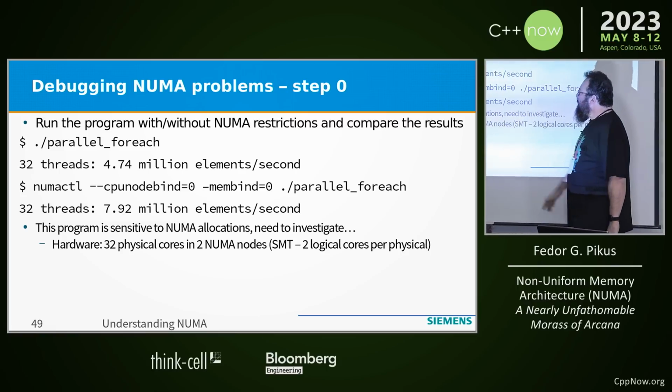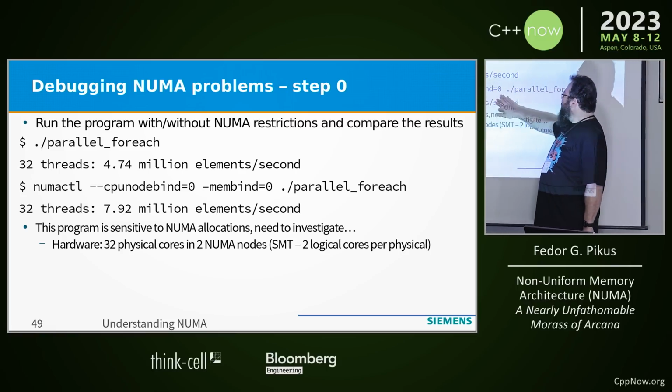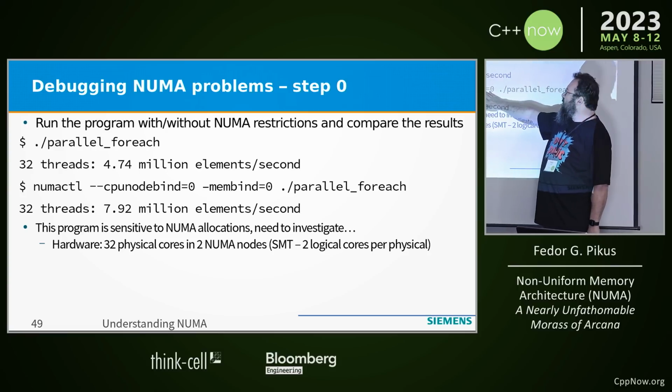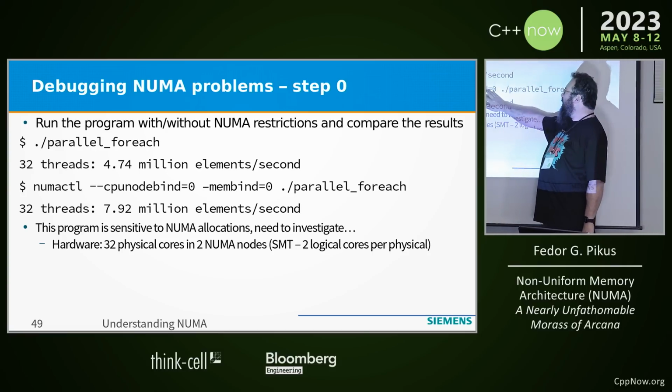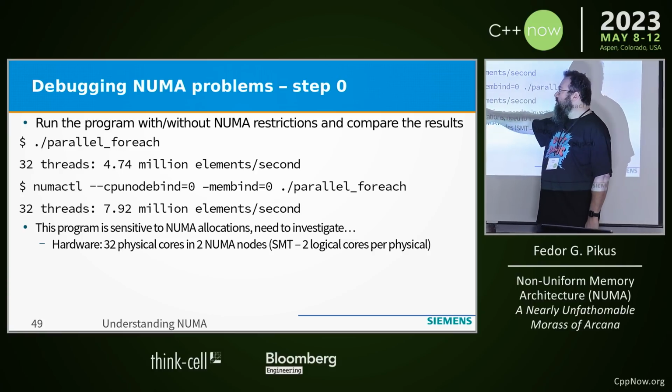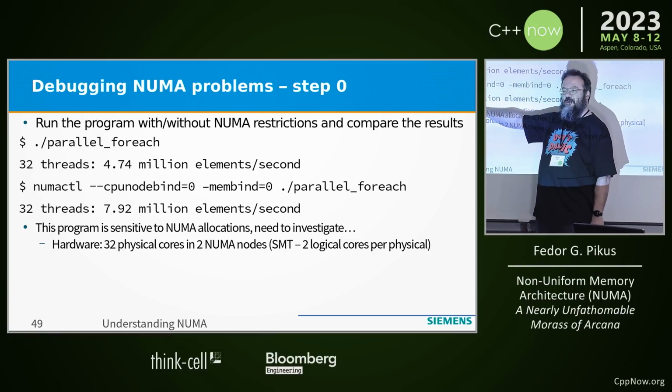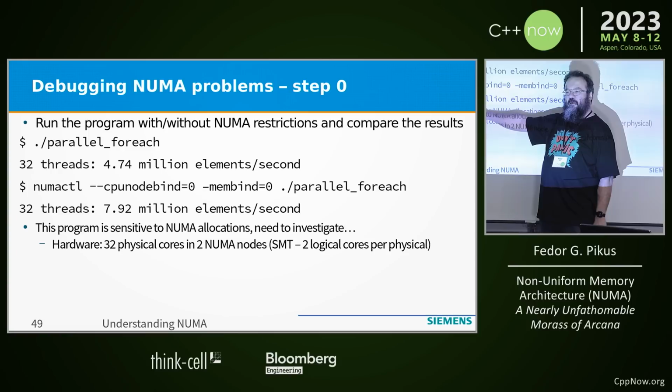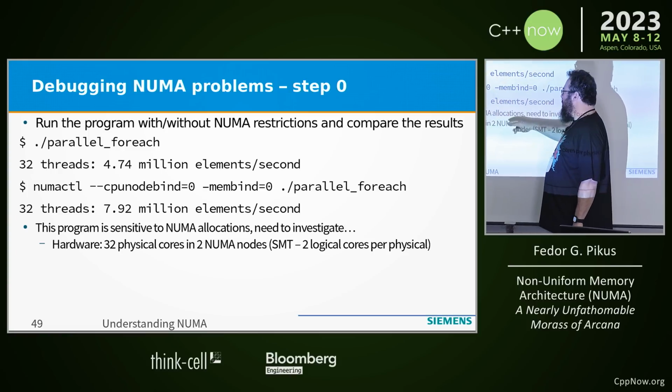Okay, I take the same program and I say bind it to node 0 fully. Bind CPU, bind memory. Okay, 8 million per second. Wow, I must be seriously memory bound, right?